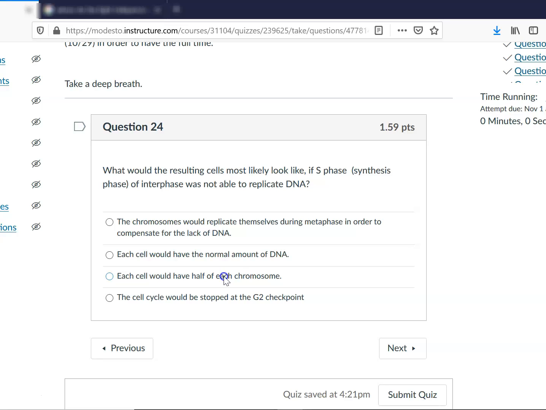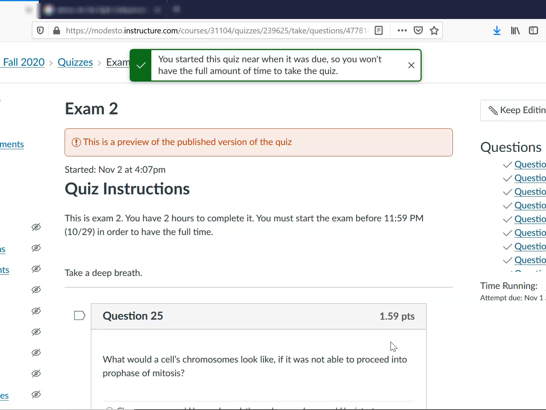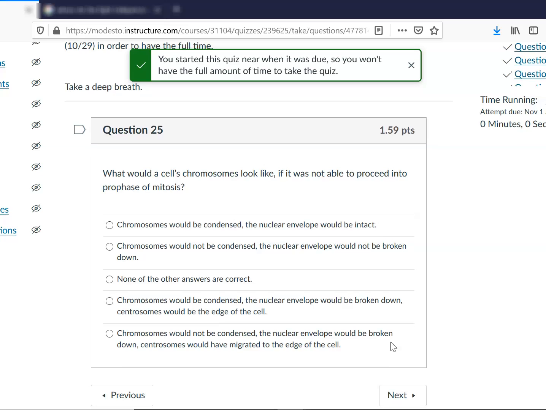Your cells can't just break the chromosomes in half. That would be really bad for you. The cell would be stopped at the G2 checkpoint. Remember, we talked about all of those checkpoints that are going on. You have G1, G2, and M checkpoints. So this one's going to get stopped before it can even move on. It's got the inappropriate number of chromosomes, so it gets stopped right there.